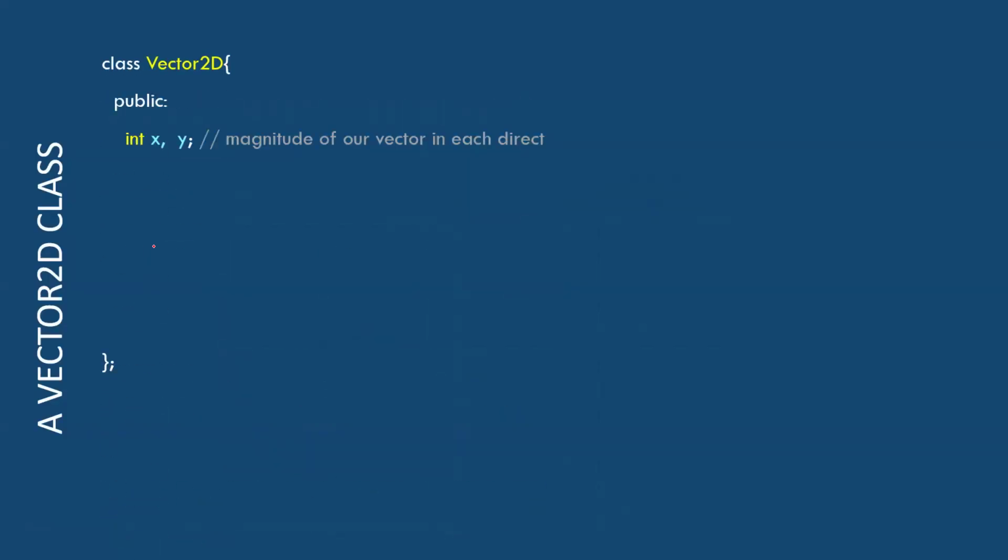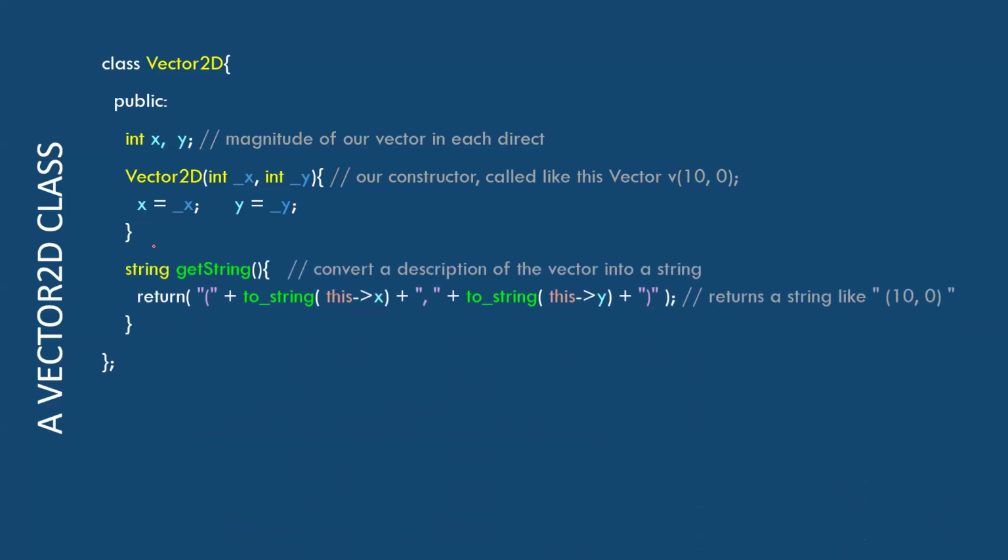So I conceptualize a 2D vector. If you can do 2D, you can do 3D and 4D and all of that. And then I will initialize it with its two constructor arguments. So there's my 2D vector off and running. There's my get string, and this is very handy. We'll see why. Now I've actually got this really nice little method here that's going to produce a very nicely formatted thing that's printable.